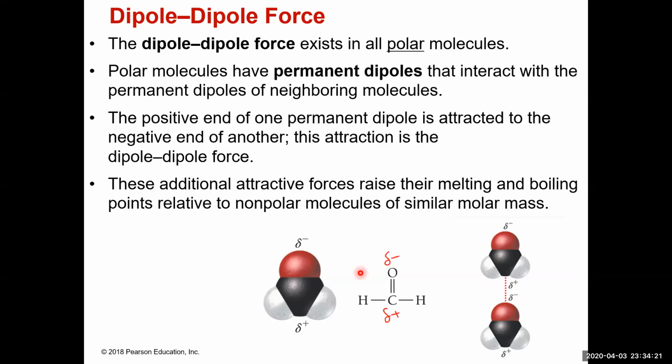So because this molecule will have the stronger amount of attractive forces, it will see a higher melting point and a higher boiling point than that nonpolar molecule that had the similar molar mass.